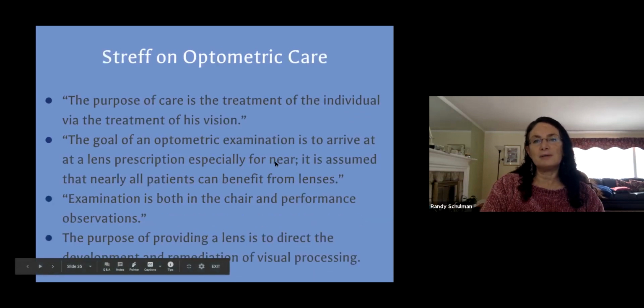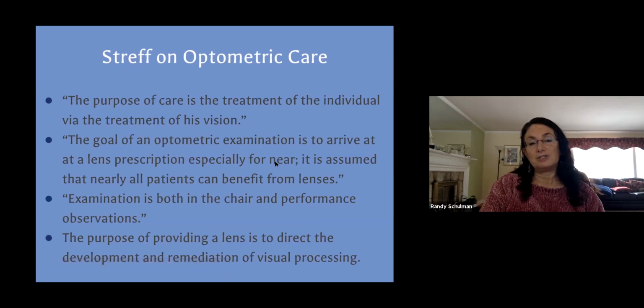He also talked about the fact that optometric care is really to treat the individual through treating his vision. So really the goal of an optometric examination is to arrive at a lens prescription, especially for near, making the assumption that nearly all patients can benefit from lenses. So again, another concept that we don't really think about.